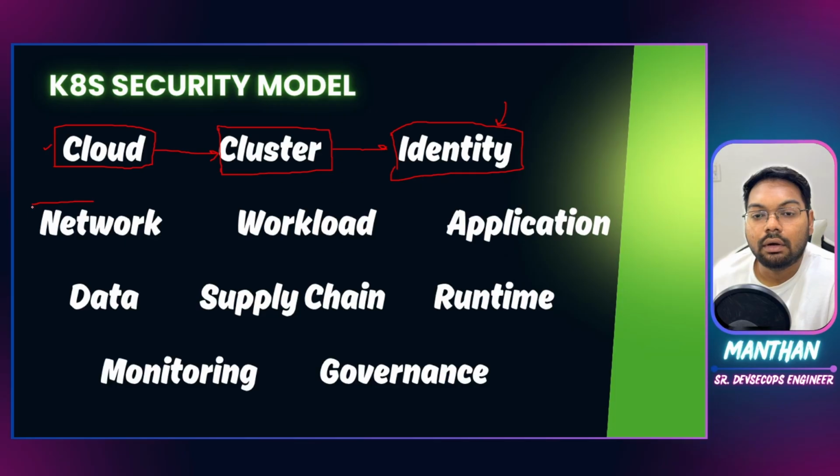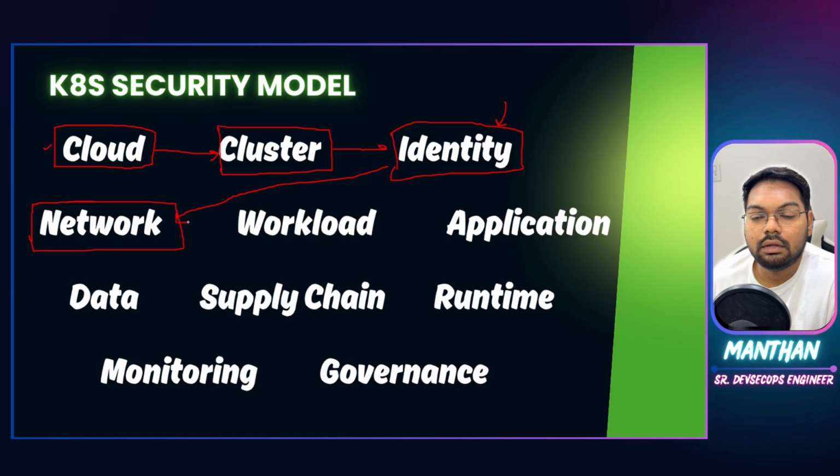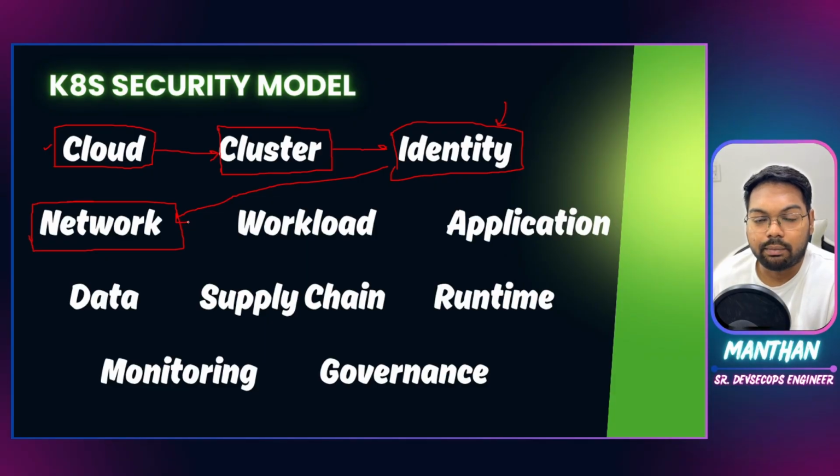Then comes network. After identity and access management comes the network. Are the network policies set to only allow the users that should be using this application, or is it available to the general public, or can anyone see this from anywhere in the world? That you need to determine through network policies. Is there any firewall applied?